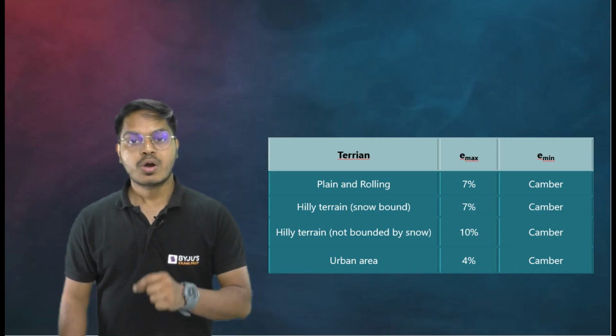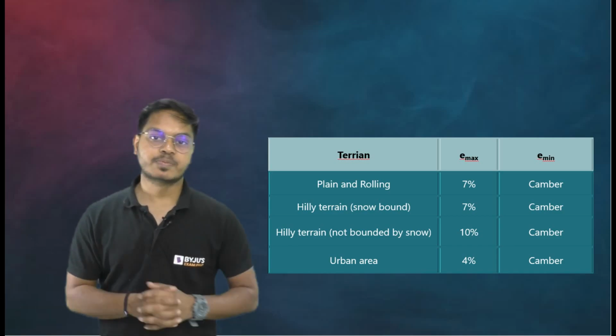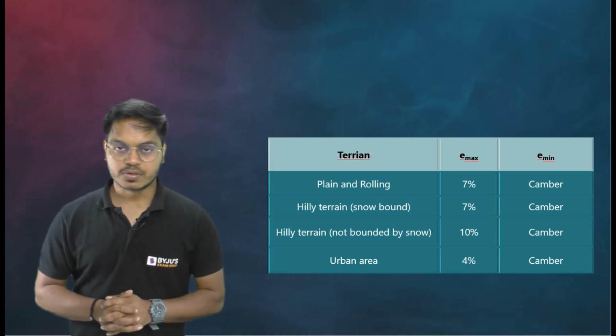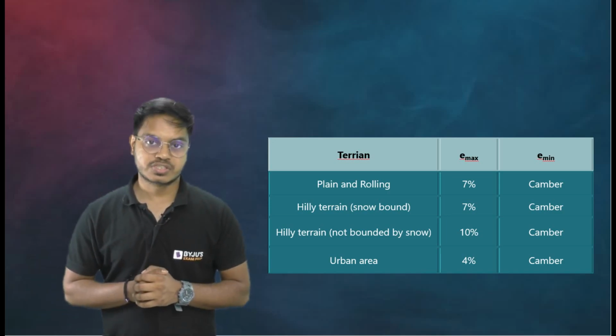(e + f)/(1 − ef) = V² / 127R, where velocity is in kilometer per hour, radius is in meter, and e and f are unitless. Now if you notice, there are some recommended values of the maximum and the minimum super elevation by the Indian Road Congress, as you can see here on the chart.